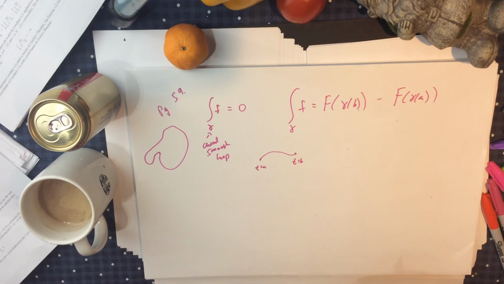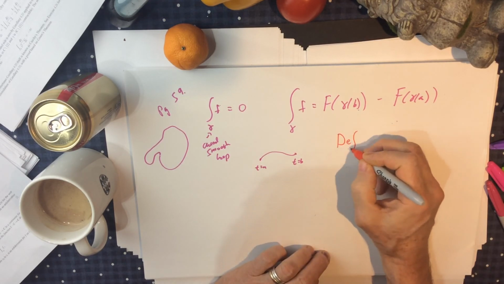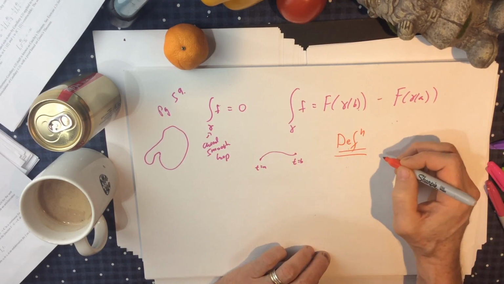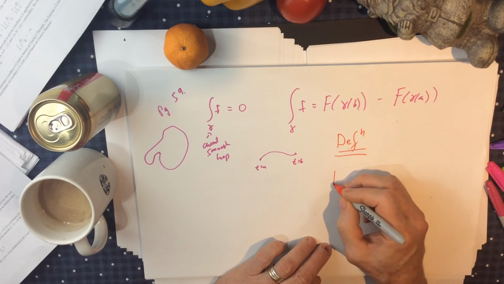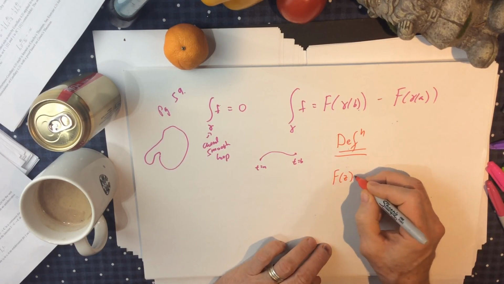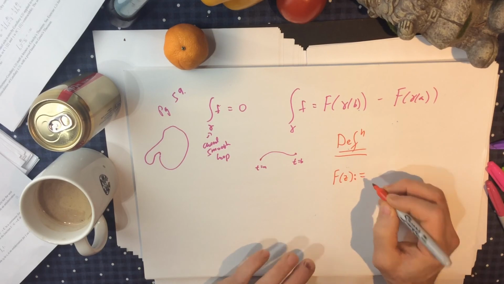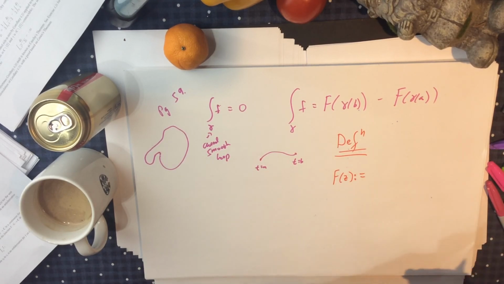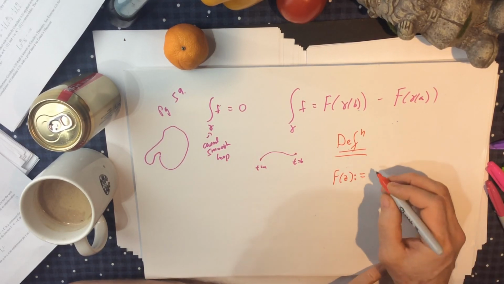So we need a definition of a functional antiderivative, and then we want to see if they come together. So here is a very neat definition that we're going to make for a new function, capital F of z, and we're going to prove that it's actually the antiderivative, but right now capital F is just going to be a definition of a function.